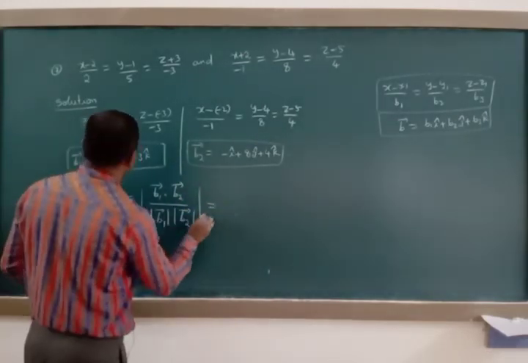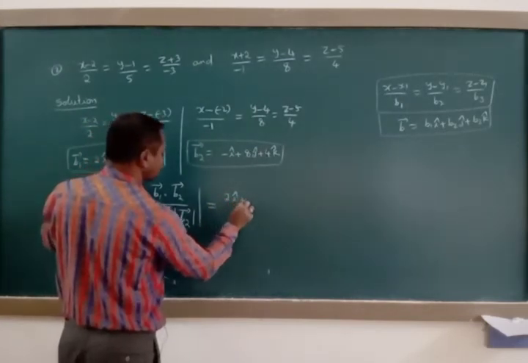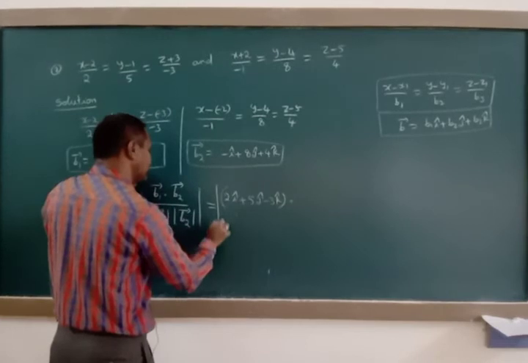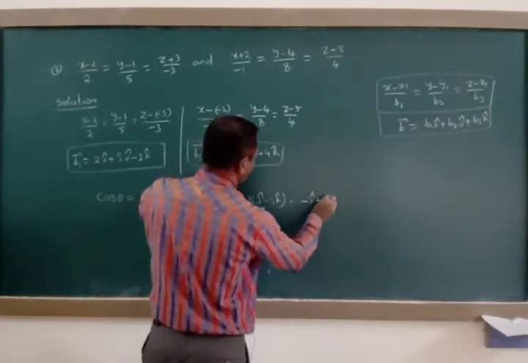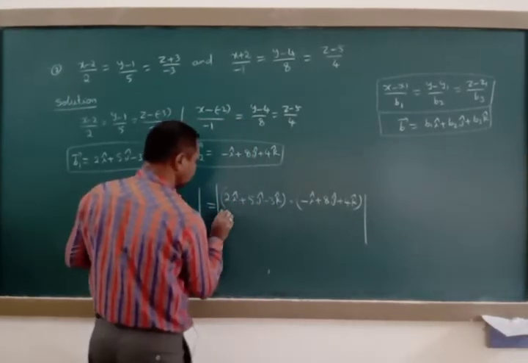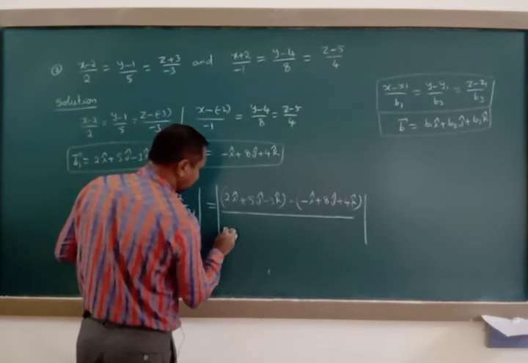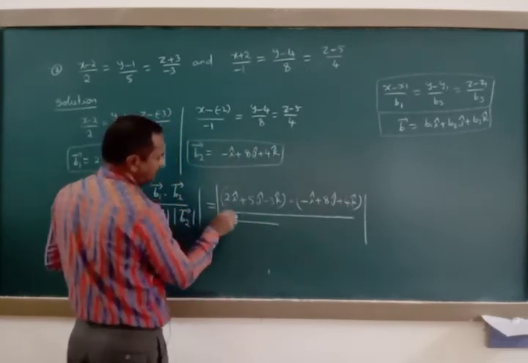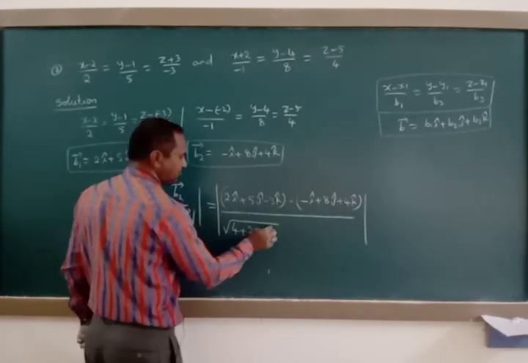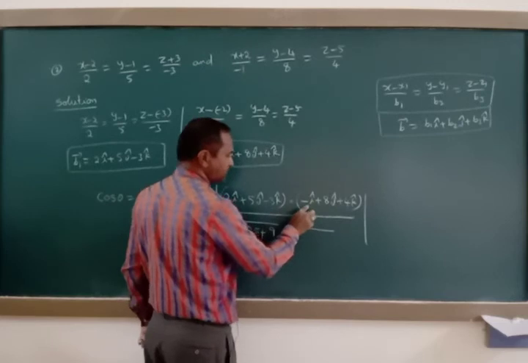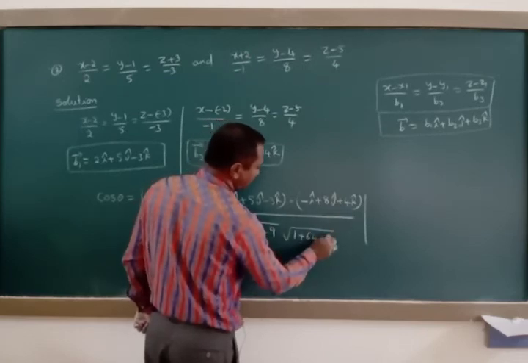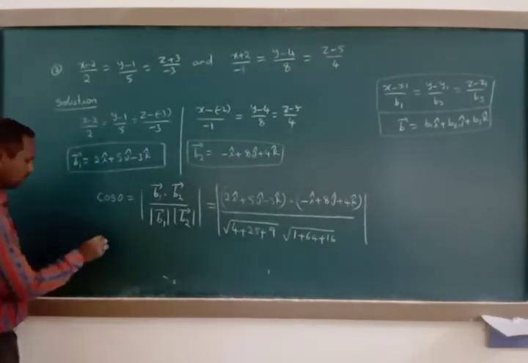That is, modulus of (2 i cap plus 5 j cap minus 3 k cap) dot (minus i cap plus 8 j cap plus 4 k cap), whole divided by the magnitude of b1 vector, which is the square root of 2 squared, 4, plus 5 squared, 25, plus minus 3 squared, 9, times the square root of minus 1 squared, 1, plus 8 squared, 64, plus 4 squared, 16.